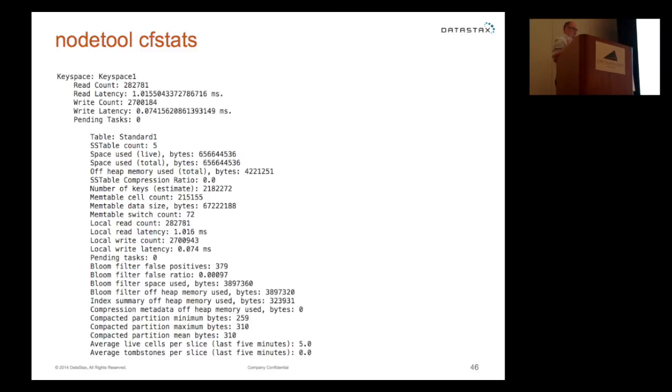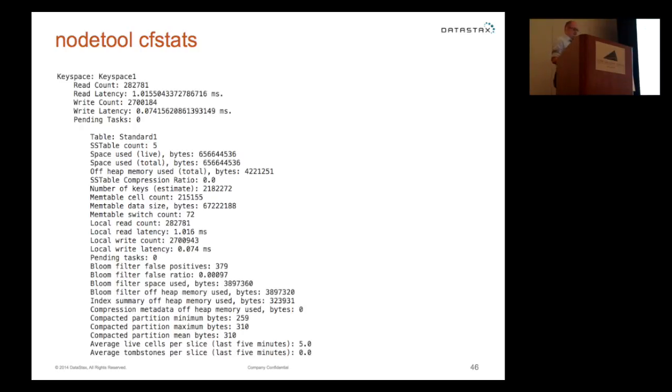And so, if that's the case, that means that your disk is not keeping up with the rate at which you're writing data. So you either need a faster disk. If you're on rotational, you need to switch to SSDs. Adding additional disks to your JBOD configuration or your RAID array can also help. But if that doesn't help or that's not an option, then you need to probably add more nodes.